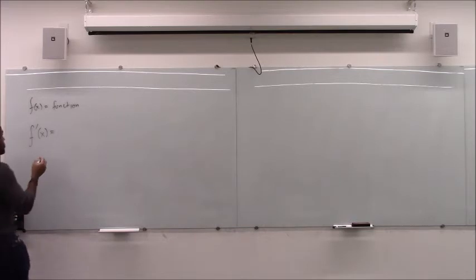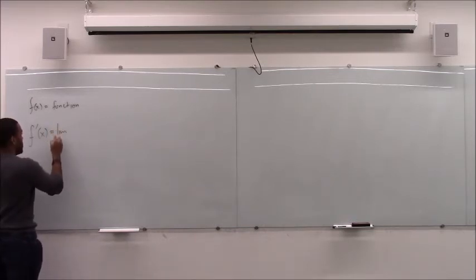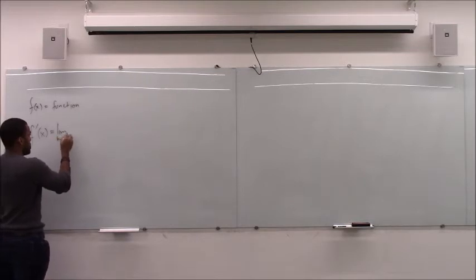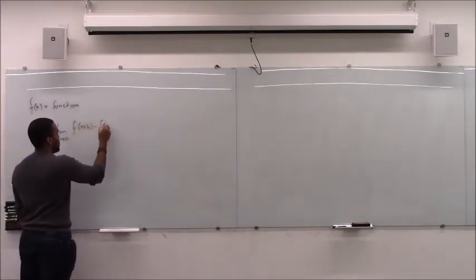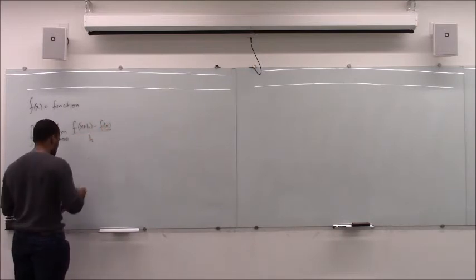Limit as h approaches 0 of f of x plus h minus f of x over h. It was a limit, and it was a very important limit. As time goes on, we'll discover just how important this guy actually is.